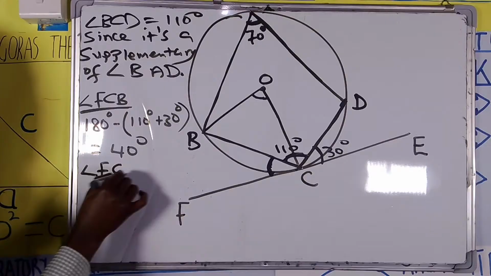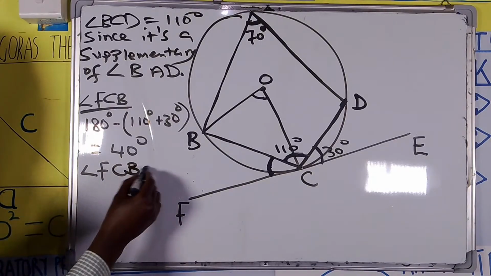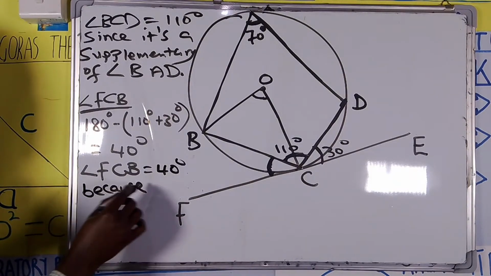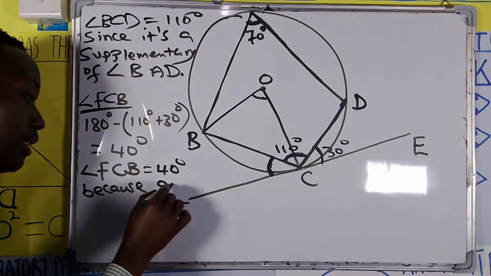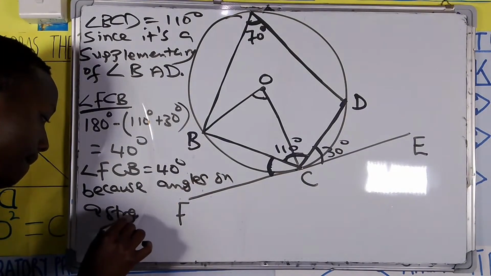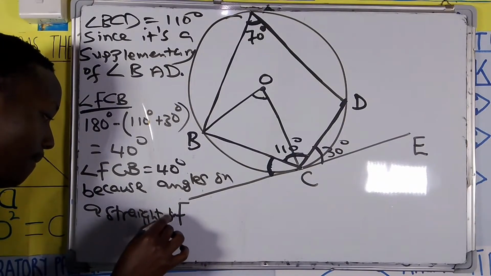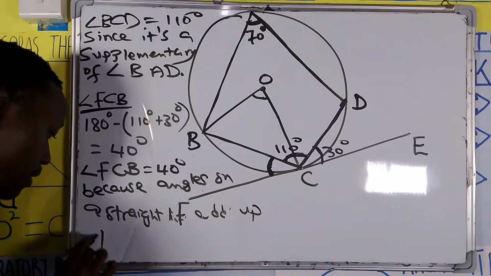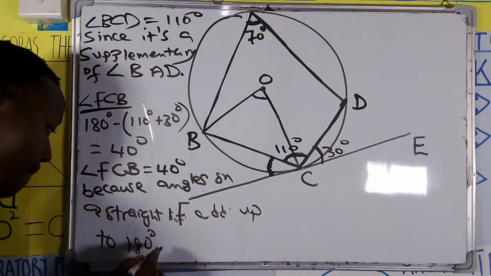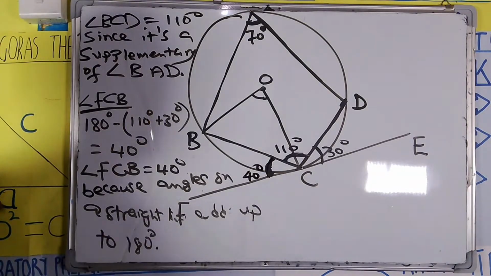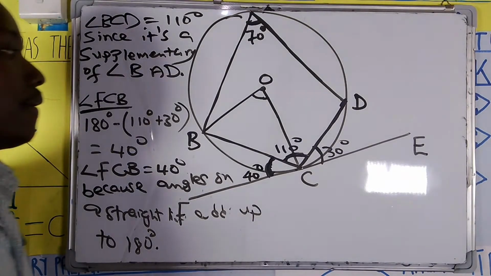So angle FCB is equal to 40 degrees because angles on a straight line add up to 180. So this one here is 40. So that being 40, let us continue.